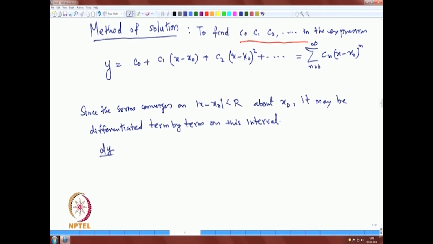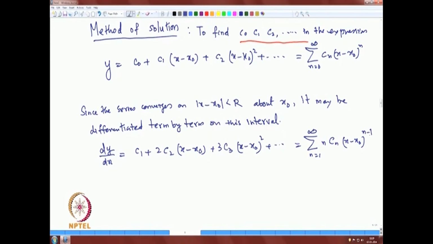See, dy by dx, the derivative of y, is c1 plus 2c2 (x minus x0) plus 3c3 (x minus x0) square plus etc., which is summation n goes from 1 to infinity n cn (x minus x0) to the power n minus 1.